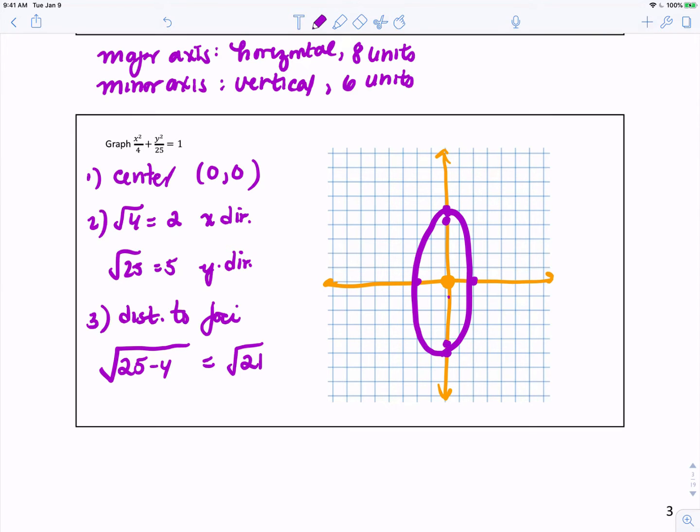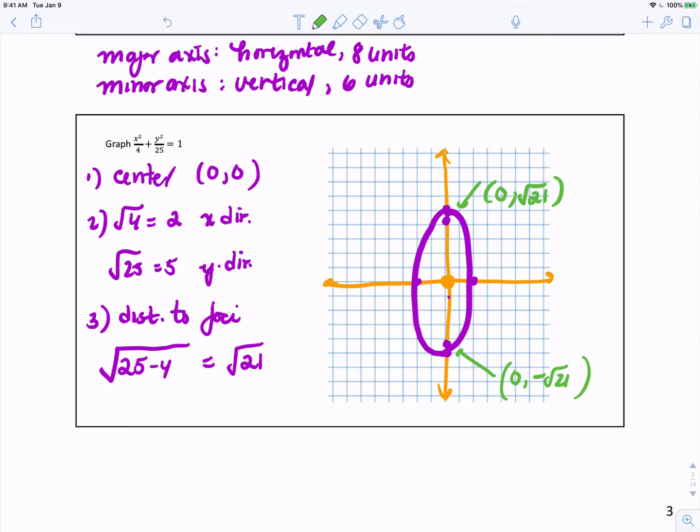The coordinates of this focus would be 0, comma, positive square root of 21. And for this focus, the x coordinate is 0, and the y coordinate is negative square root of 21.